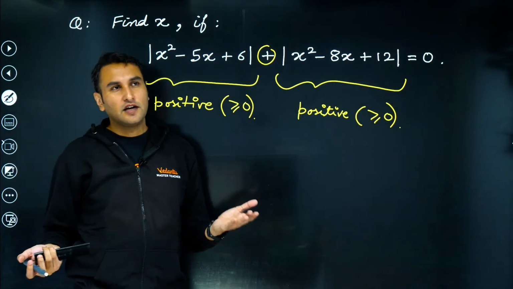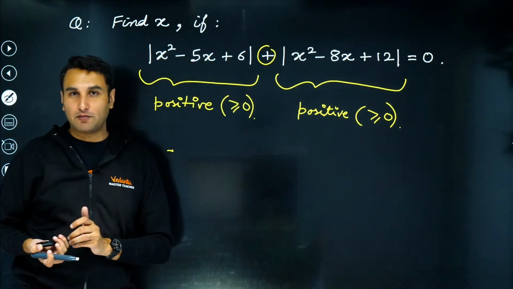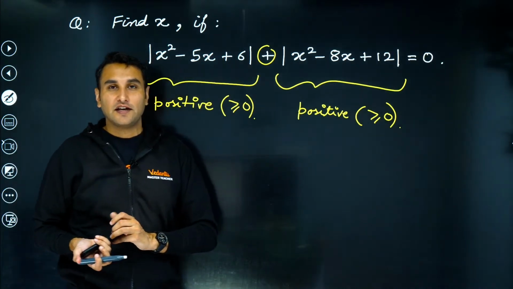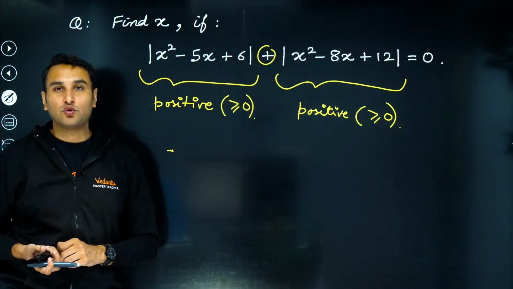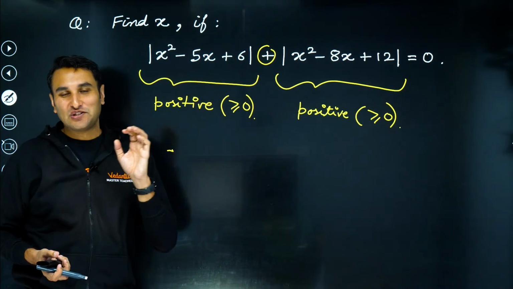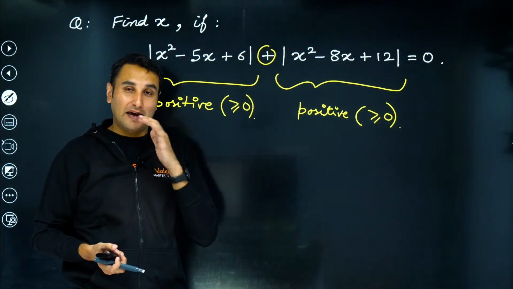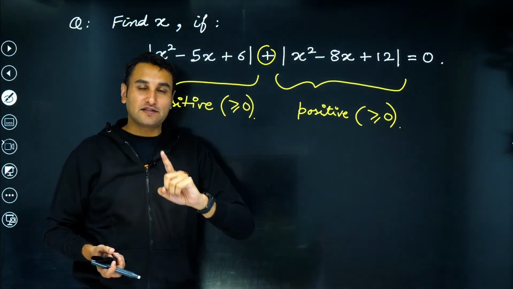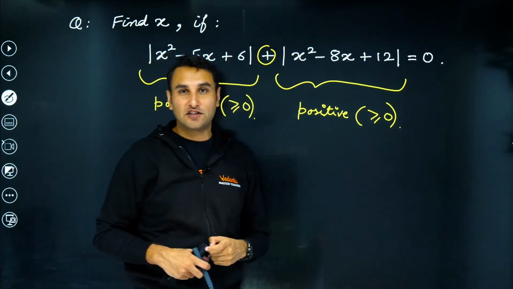It's like saying, imagine in your board examination, you have no negative marks, right? And somebody says that the summation of your marks in 2 subjects is 0. What will you conclude? Your marks in maths plus your marks in English is 0.